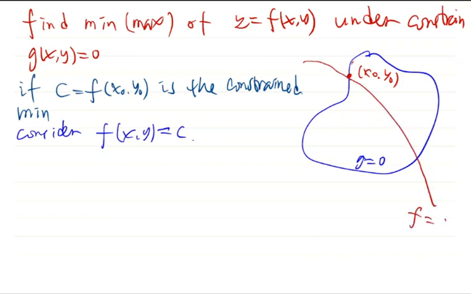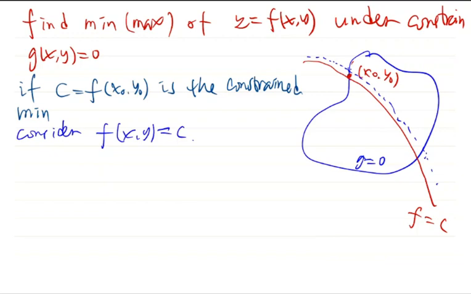Geometrically, you see that if we increase c a little to obtain another nearby curve, the intersection of the nearby curve with the curve g equal to 0 is a point near to (x0,y0), but the value of the new c, maybe we decrease c a little, is smaller than the original c.